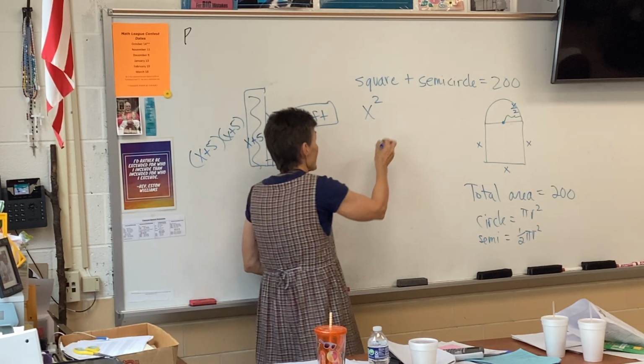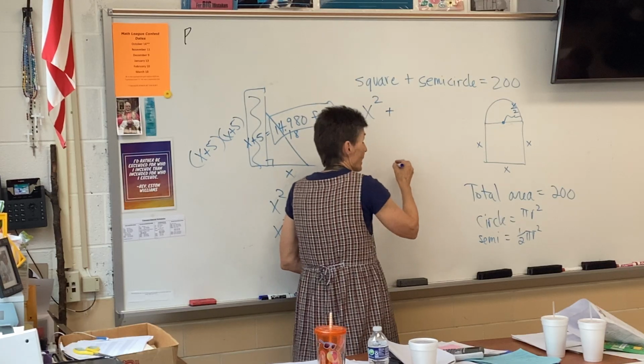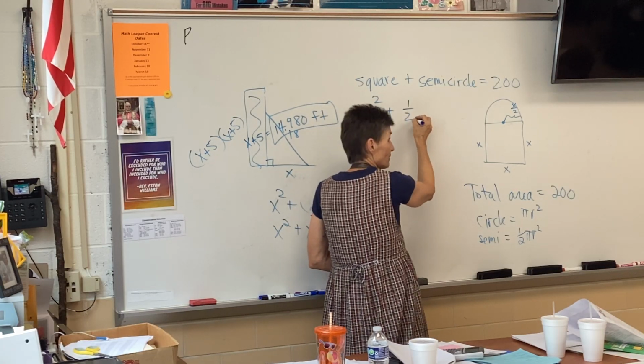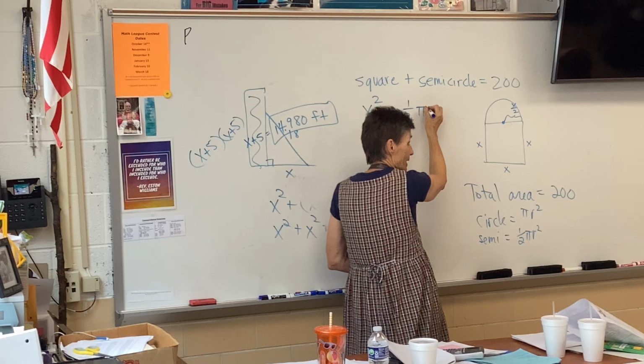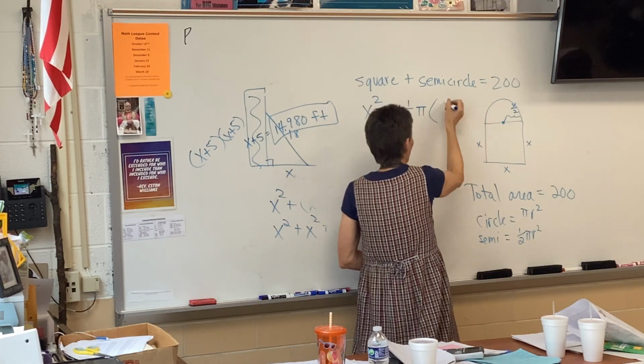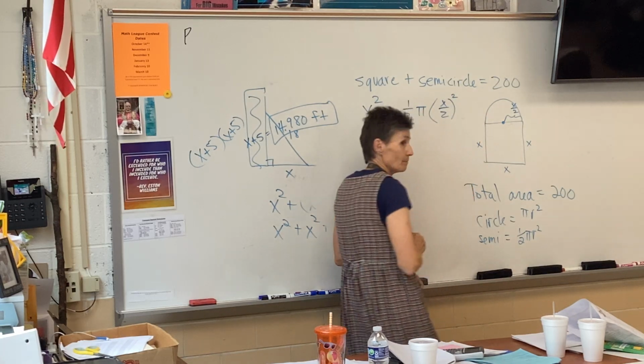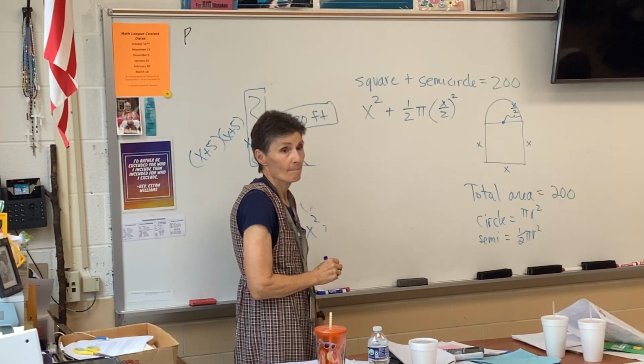So what is the area of the semicircle then? 1/2 pi times r squared? Yeah.